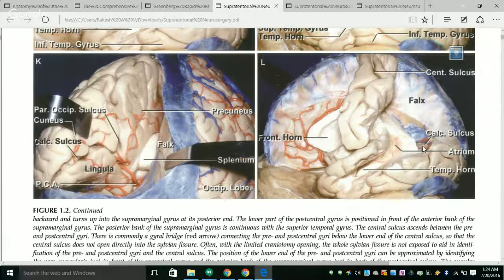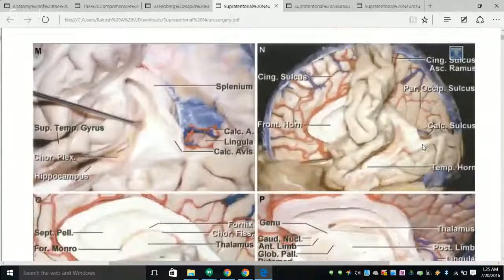The calcar avis overlies the deep end of the calcarine sulcus. This makes sense because it goes over the deep end of the calcarine sulcus. Now we have come to figure N. We are just continuing through these steps.